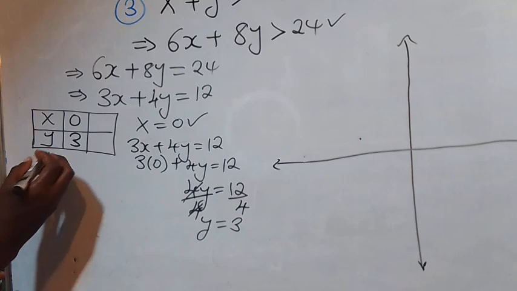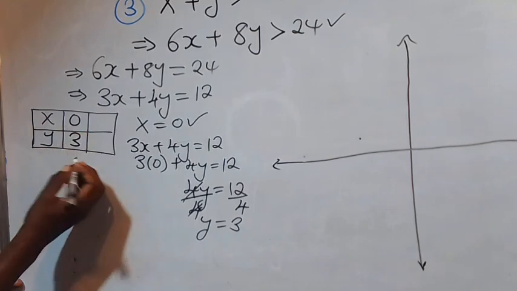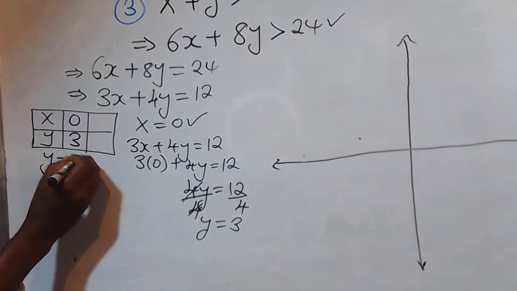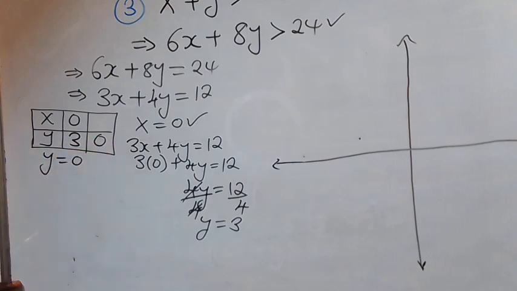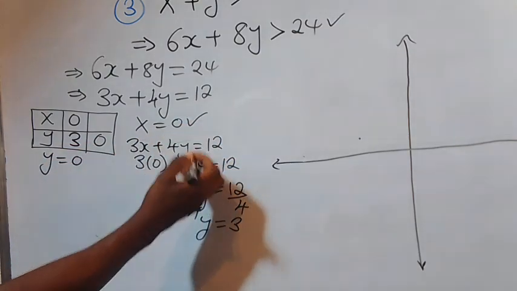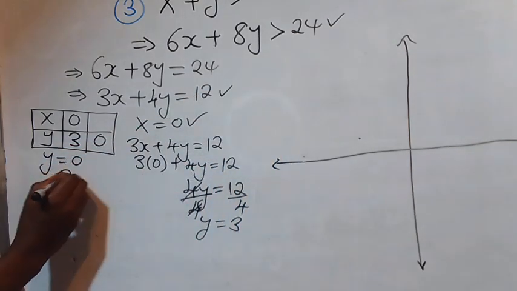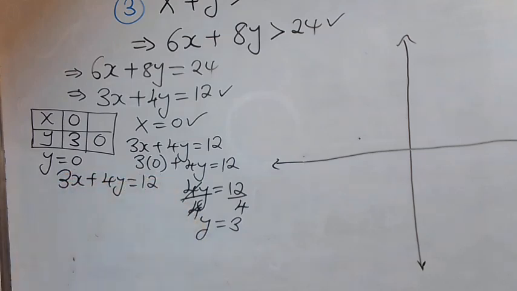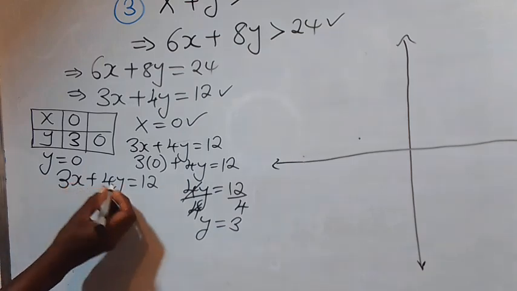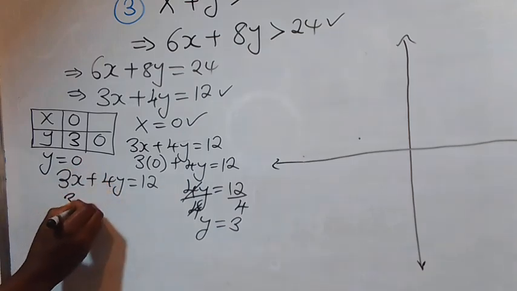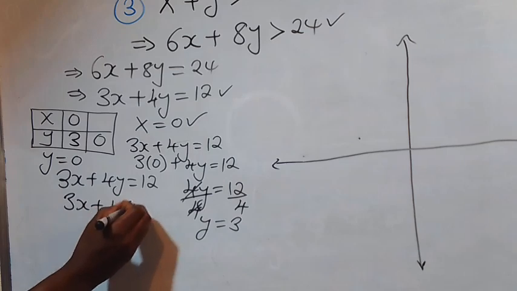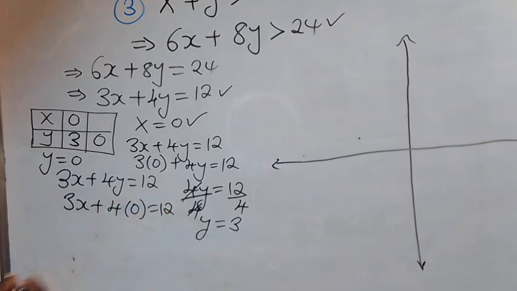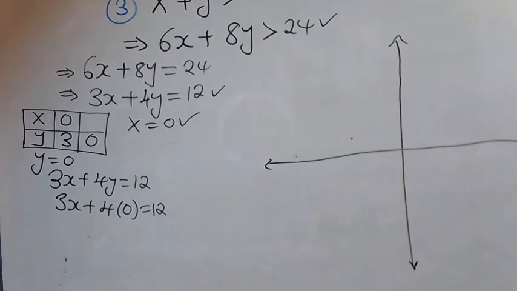So again, now when y is 0, you put 0 there, then you use the same equation. So you say 3x plus 4y equals 12. Where there is y, you put this 0. So 3x plus 4(0) equals 12.